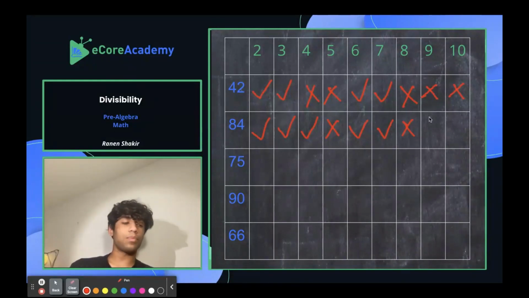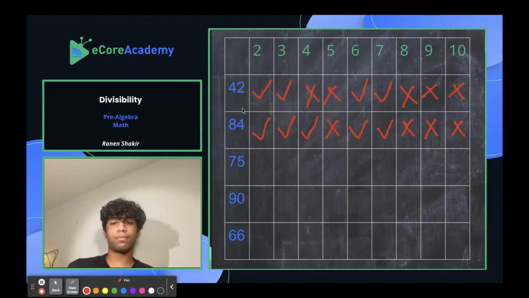And then 9, it is not divisible by 9 because if you add the digits up, 8 and 4 is 12, and 12 is not divisible by 9. And then 10, of course, doesn't end in 0.